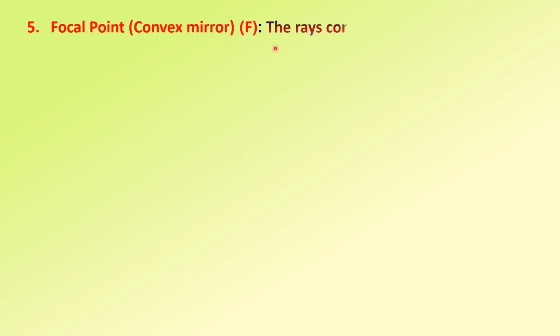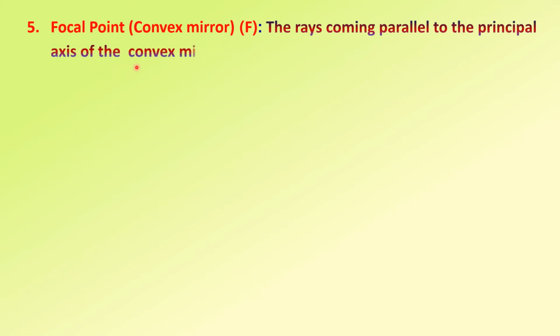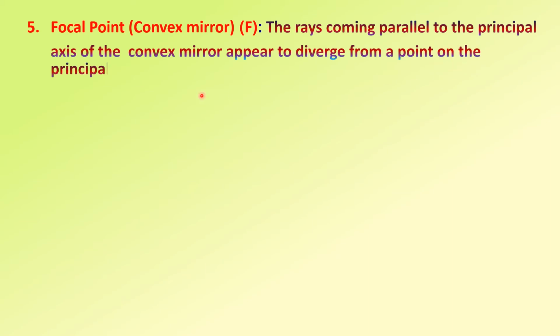Now focal point for convex mirror. The rays coming parallel to the principal axis of the convex mirror appear to diverge from a point on the principal axis after reflection.